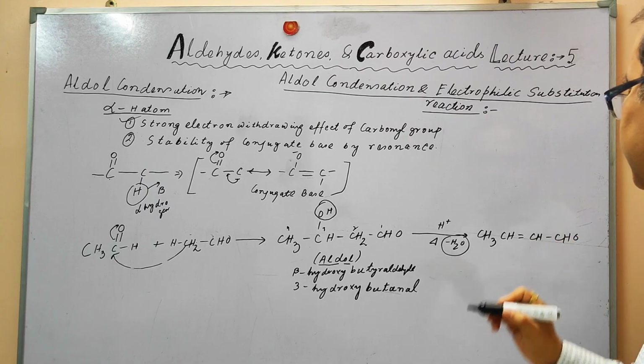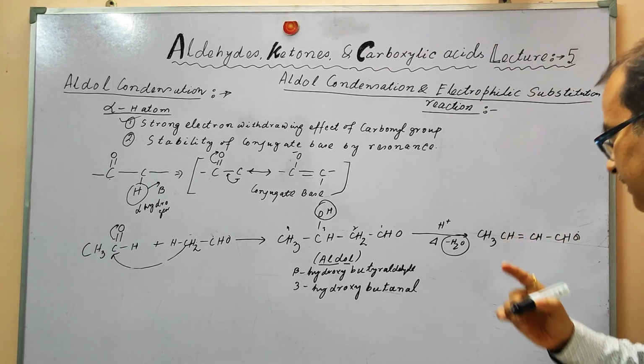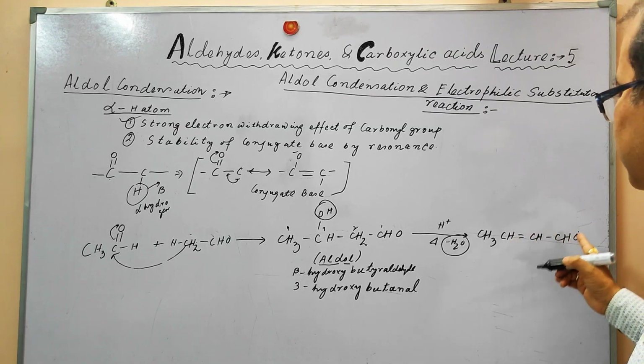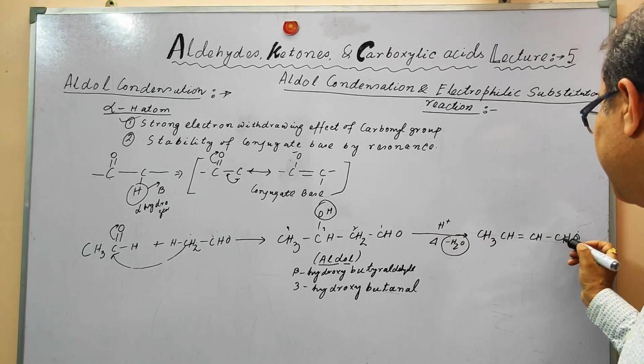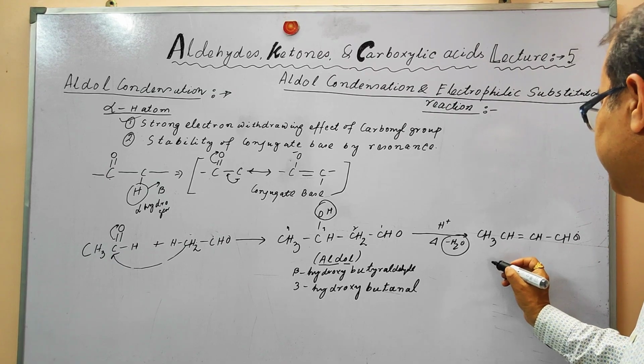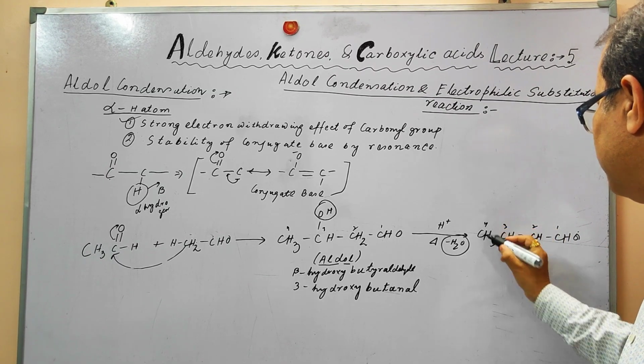This is called the aldol condensation product, and it is also called the alpha beta unsaturated aldehyde.